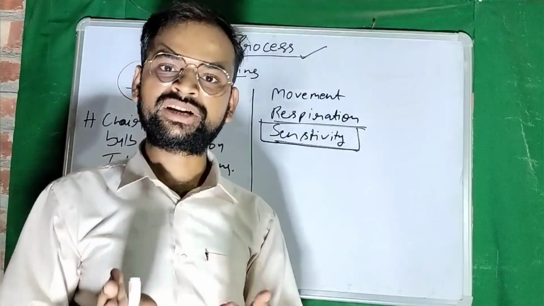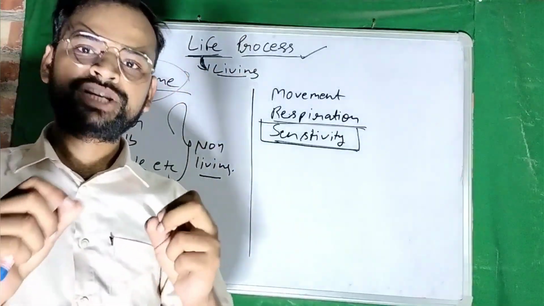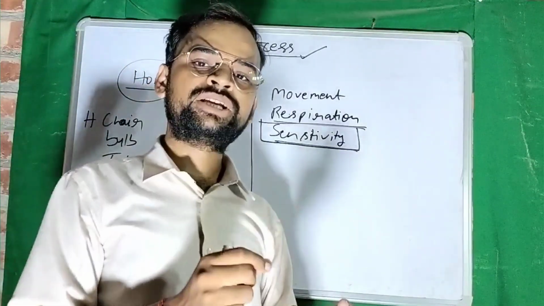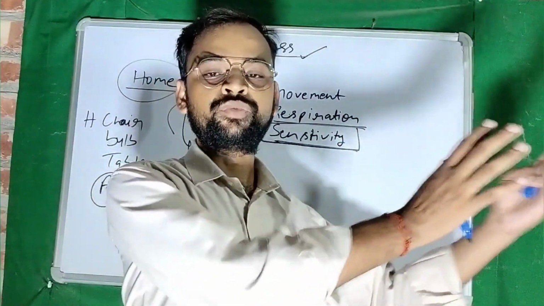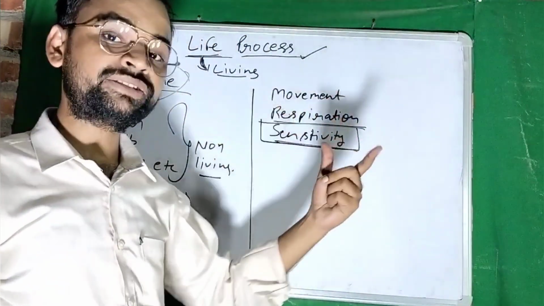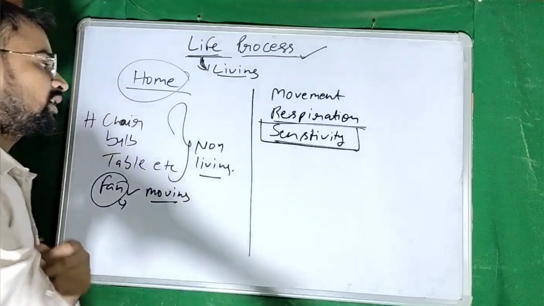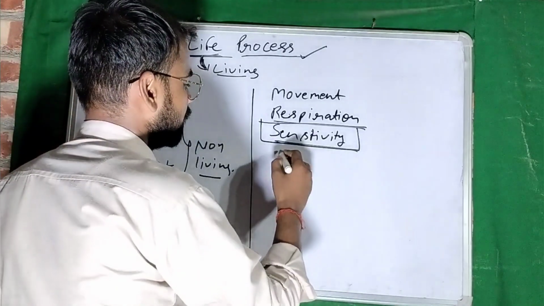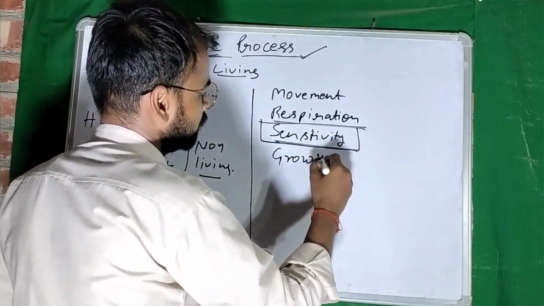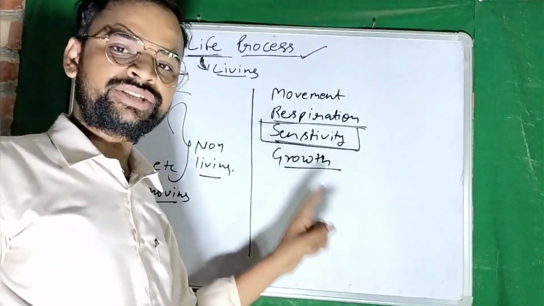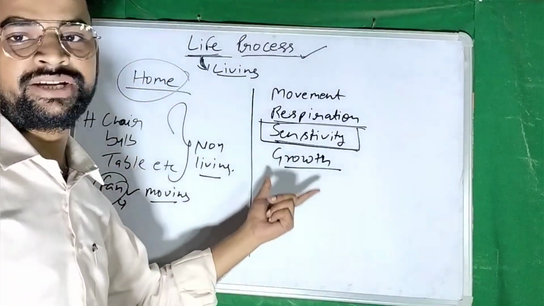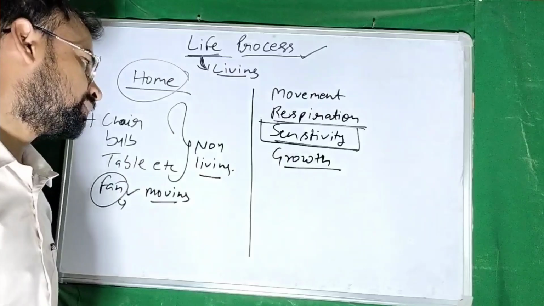Suppose you are reading at home and your mother calls you. You respond to her voice. That is sensitivity. Then growth. Can you tell me, is growth a defining characteristic of living organisms or not? Yes, it is.